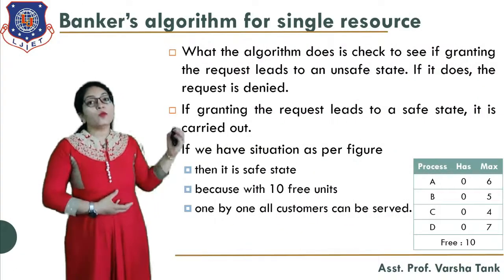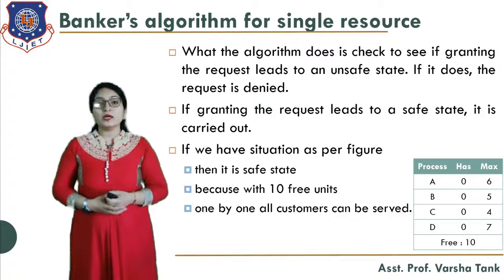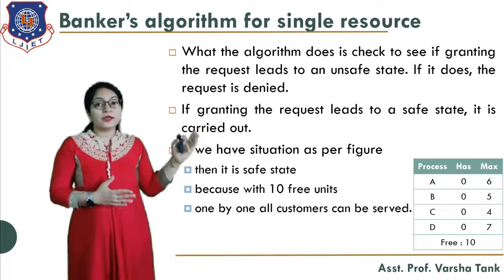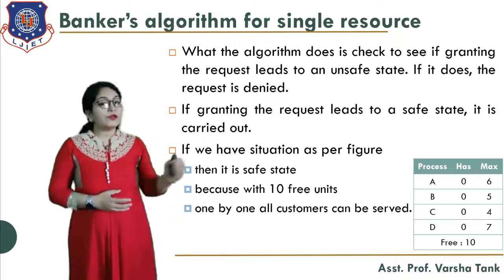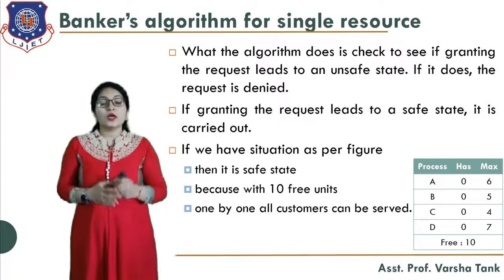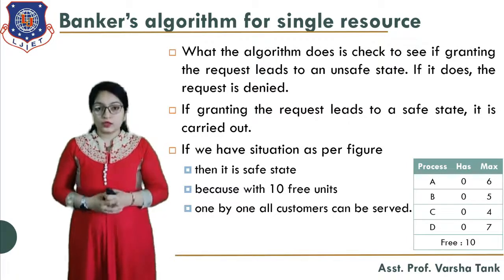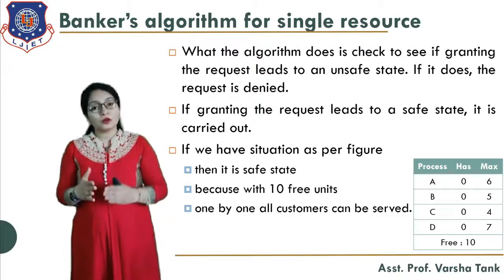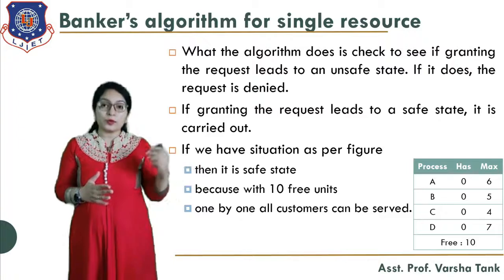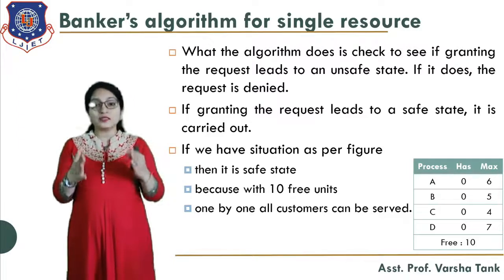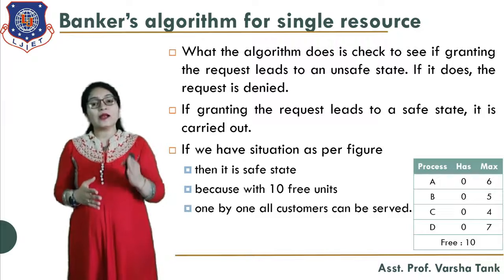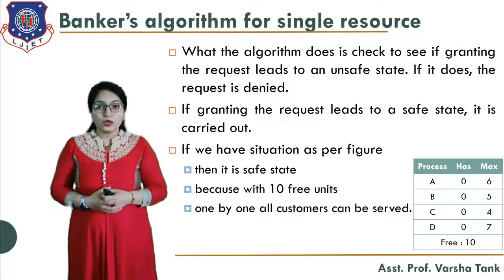So what the algorithm does is check to see if granting the request leads to an unsafe state. If it leads to an unsafe state, we will deny that request. That is the main concept here. If we grant the request to a particular process and there is a chance of deadlock, then we will deny that request.